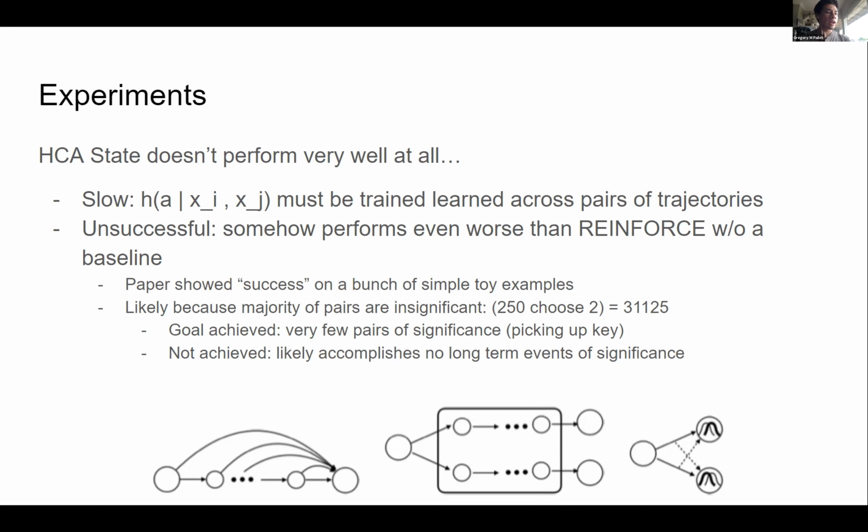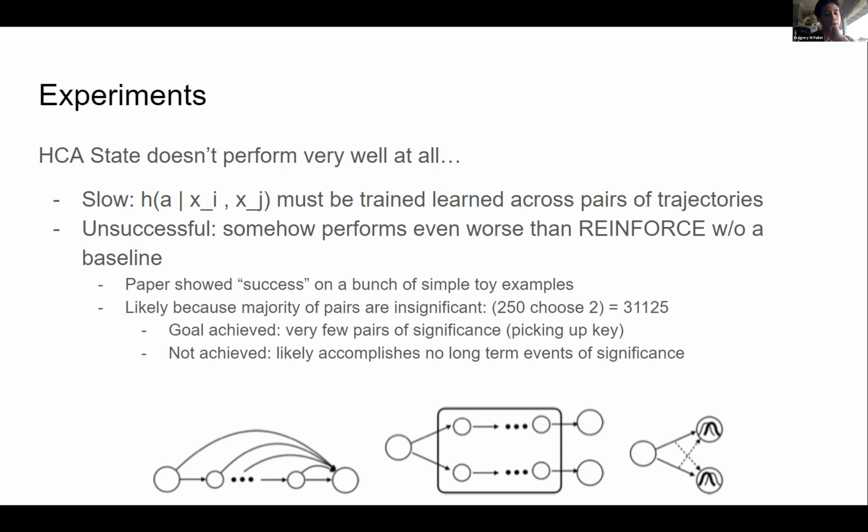It's also extremely slow, because we aren't able to have any other way of learning this hindsight policy except by using another neural network which takes in the two pairs and then tries to learn this distribution.